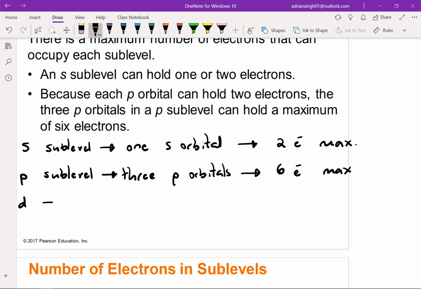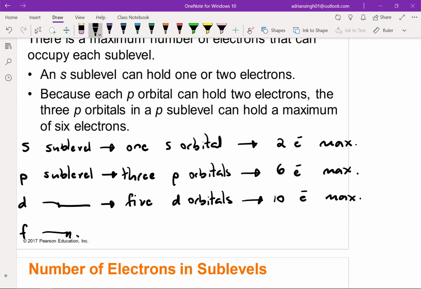The d sublevel holds 5 d orbitals. So 5 times 2 per orbital would give a total of 10 electrons maximum. And then the f sublevel has 7 f orbitals. 7 times 2 electrons per orbital would give 14 electrons maximum.